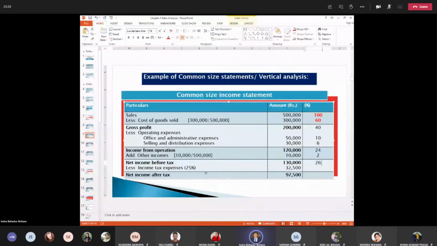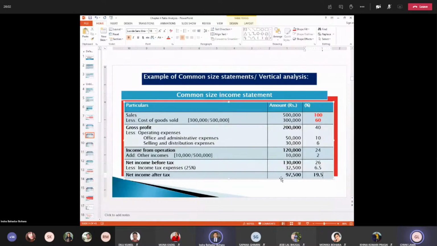Similarly, less income tax. The income tax is 32,500 when the company has sales of 5 lakh rupees. So what percentage is the income tax on sales? 32,500 divided by 5 lakh is 6.5%. Subtracting the income tax, it is 19.5%.